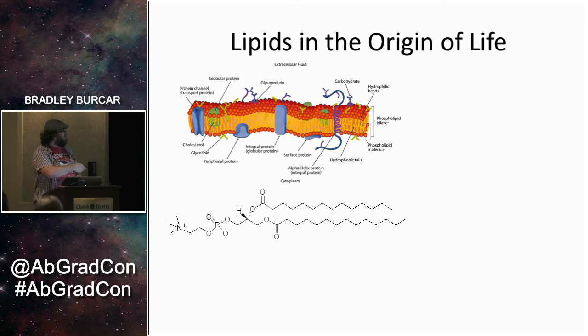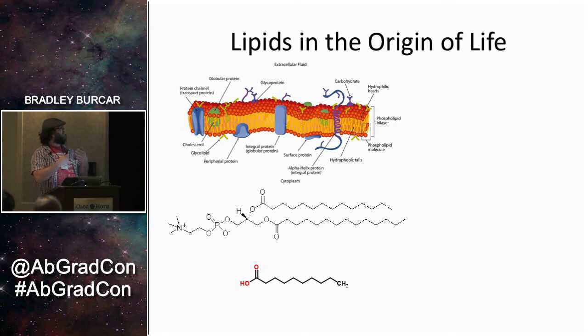But this molecule is too complicated to have prebiotically. So we look at much more simple molecules that just have fatty acids without all of these other adornments here. And you can attach them to some other prebiotic molecules that might make them end up looking more like this.